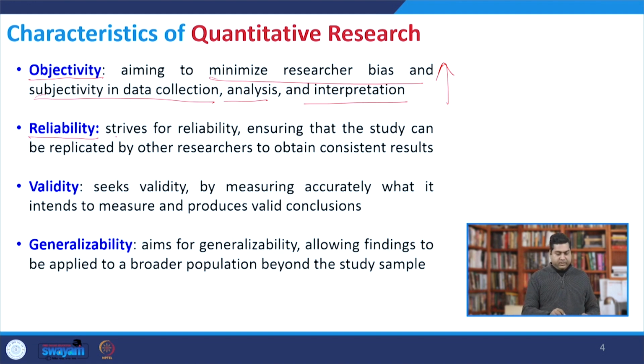Next comes reliability. In this method, the researcher strives for reliability, ensuring that the study can be replicated by other researchers to obtain consistent results. So if you know that there is a relationship between two variables, and it has been established through a quantitative research approach, this relationship will be much more universal.